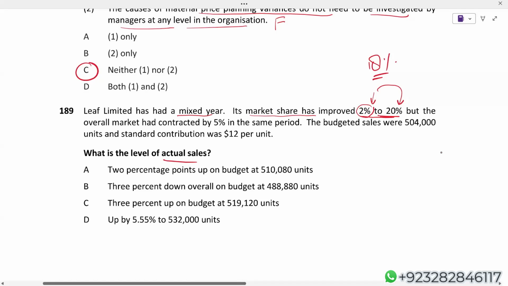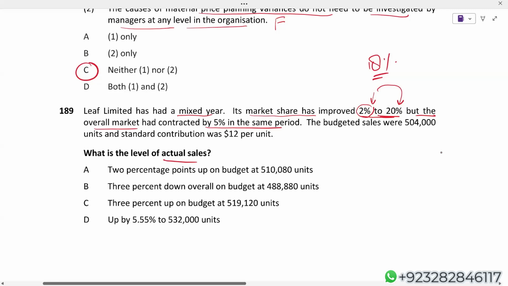Now it is 20, so previously it was 18%. But the overall market had contracted. The market itself has reduced by 5% in the same period. Market size has shrunk by 5%.